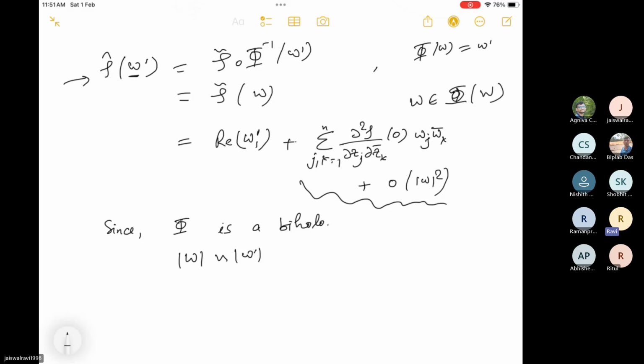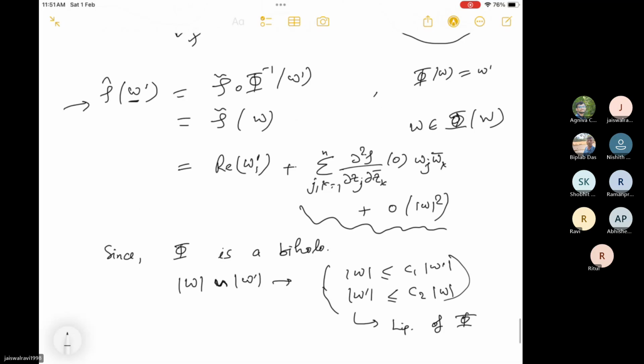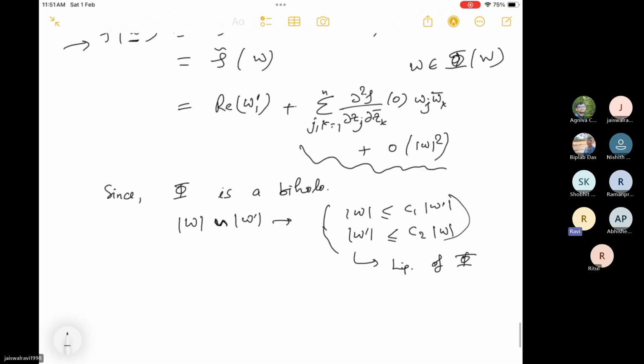So from there you can see that mod W is comparable to mod W prime. This means mod W is less than or equal to C1 times mod W prime, and also mod W prime is less than or equal to C2 times mod W. This you can check because of Lipschitzness of phi, and phi of 0 is 0. Otherwise you may not get this.